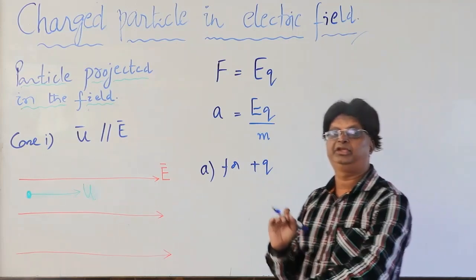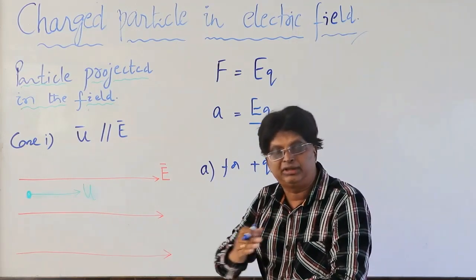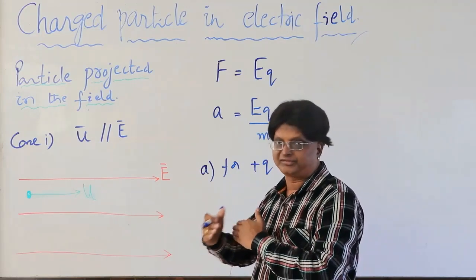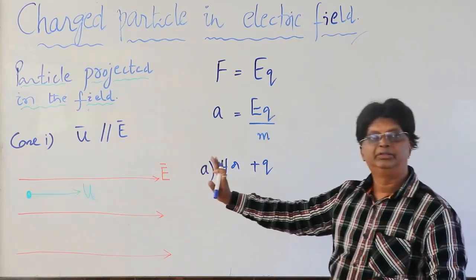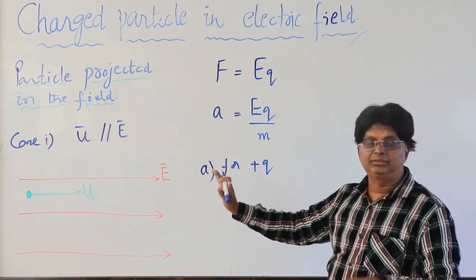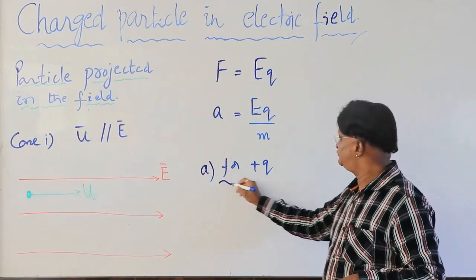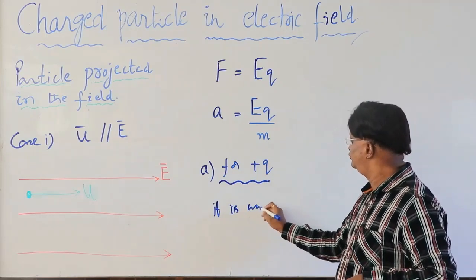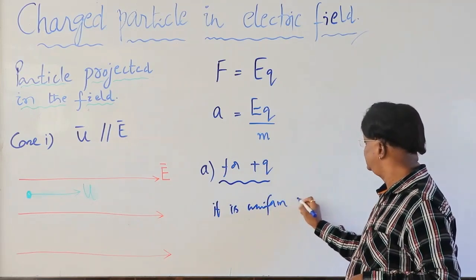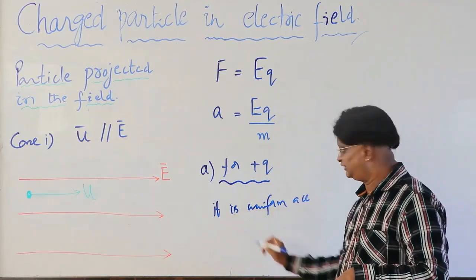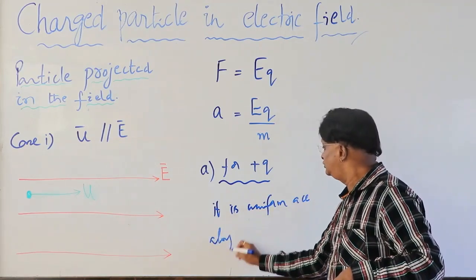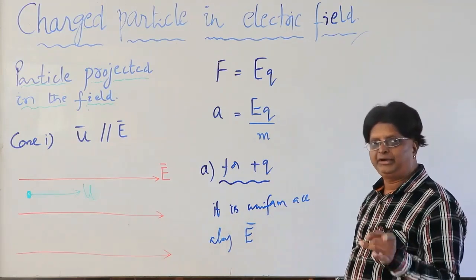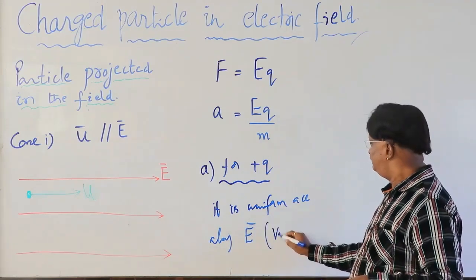Yes, the velocity of the particle increases. The particle keeps moving in a straight line. Remember, the particle keeps moving in a straight line. Now I am writing for plus Q, it is uniform acceleration, along field, along E bar.